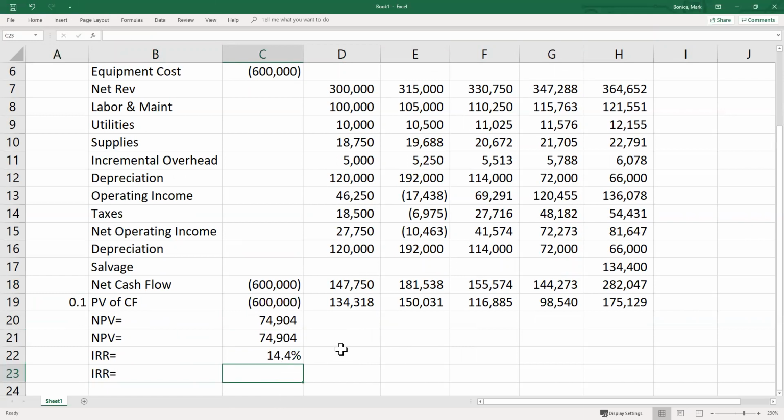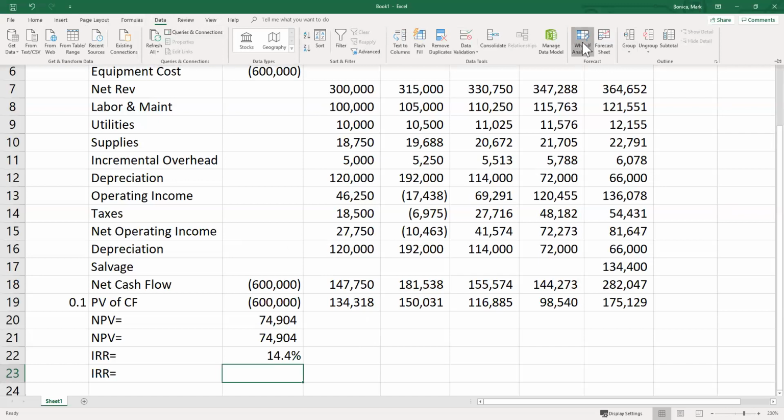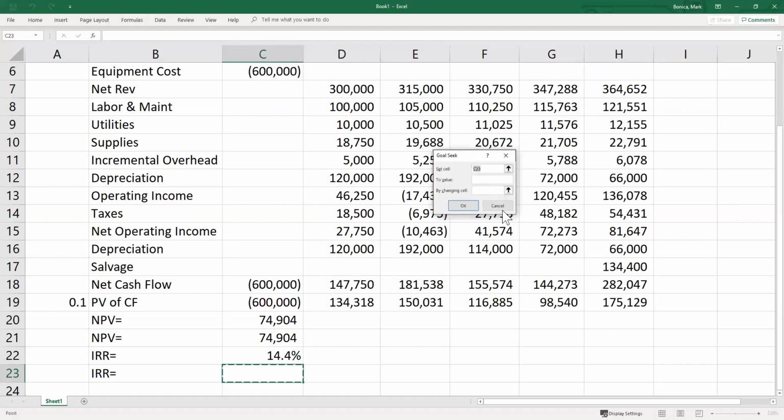So I've already done most of the work by setting it up the way I did. So I simply go to data, what if analysis, GoalSeek, and I want to set the cell where I did the calculations, that used this line, equal to 0. So I'm going to set my NPV equal to 0 by manipulating the discount rate.